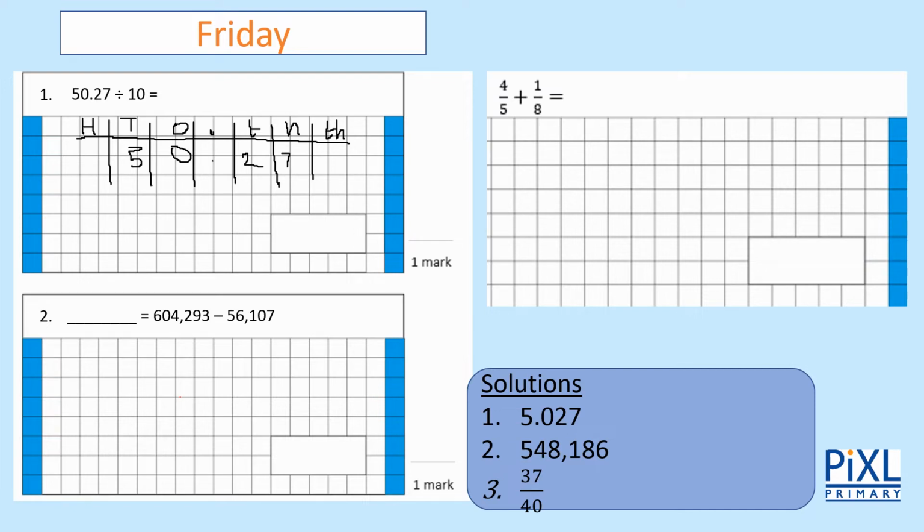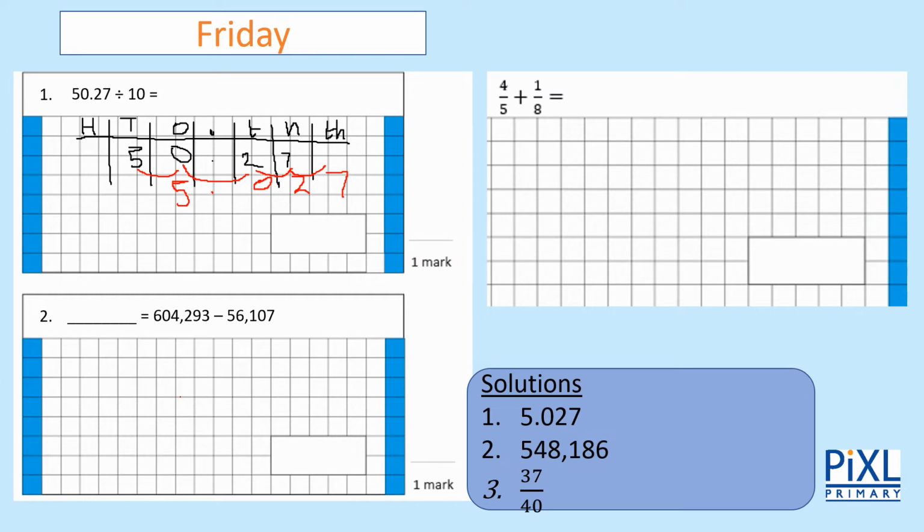And let's move each number one place value holder to the right. So my 7 comes into my thousands column, my 2 goes into my hundreds column, my 0 comes over my decimal point into my tenths column, and my 5 goes into my ones column. So my answer should be 5.027.